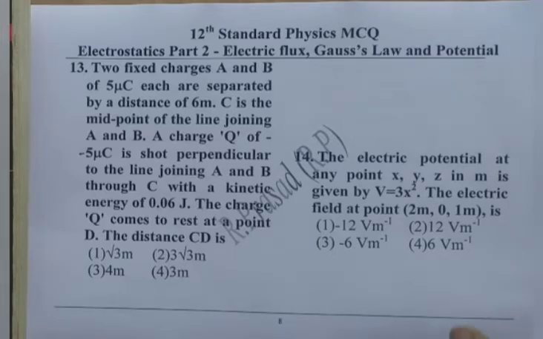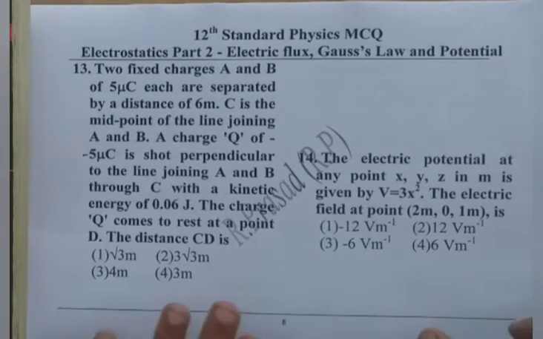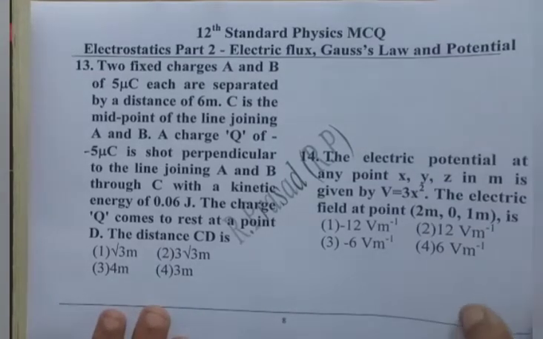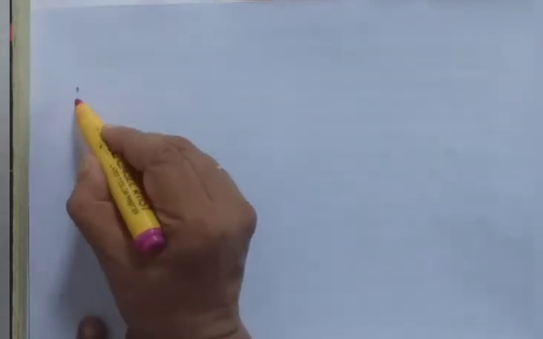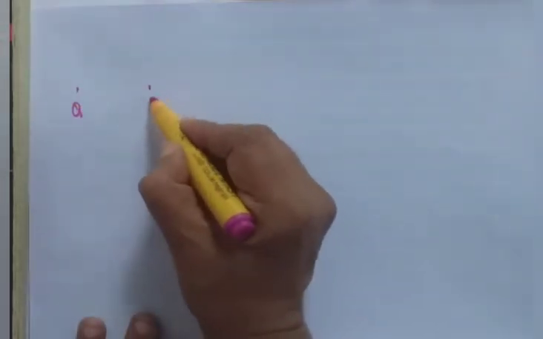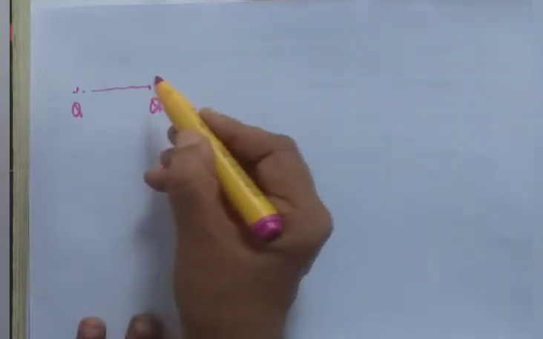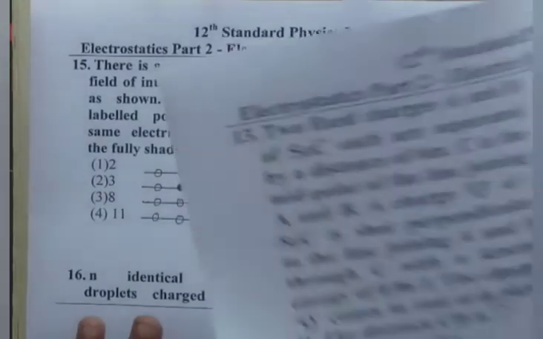The distance CD is, say, we write the figure here. I solve it like this. Say, we write the figure like this. We have two charges, Q and Q, which are given as 5 microcoulomb.